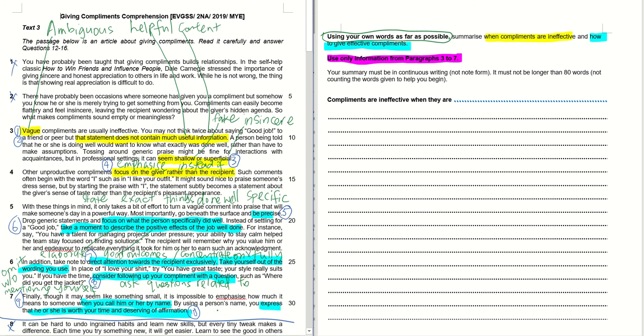Express he or she is worth your time and deserving of affirmation. Then express is like convey that he or she is worth your time. Put it in short: the person is valuable. And deserving of affirmation in one word is commendable.